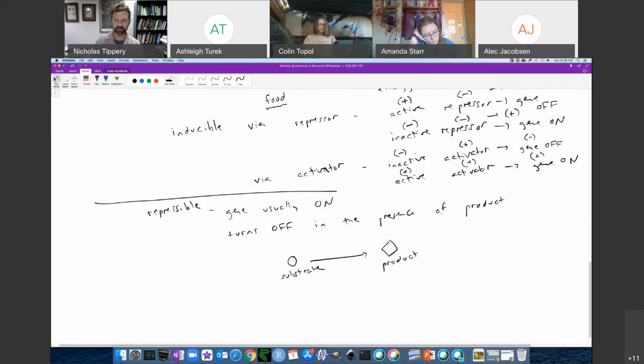In the repressible example, we're going to look at the product as, let's say, a raw material that needs to be made. So we'll see an example with an amino acid.